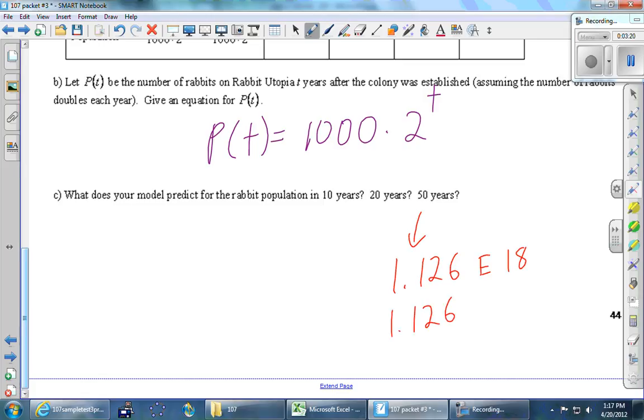What does E mean on the calculator? Times 10 to the power of. That little symbol means all of that. Okay? And it's your job to know if the calculator says E, don't write E. It means times 10 to the whatever. Okay, all right, so that is indeed a whole lot of rabbits, probably way more than the planet could support, right?